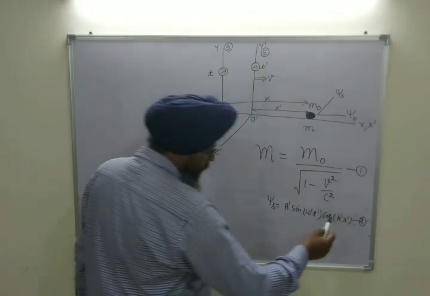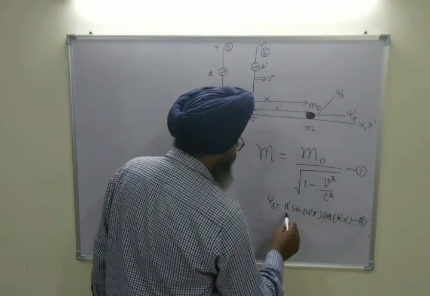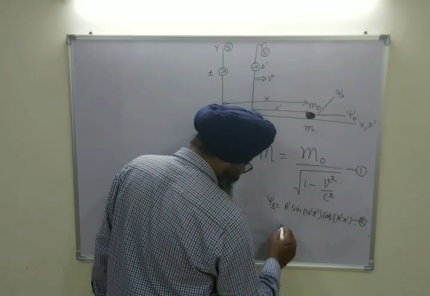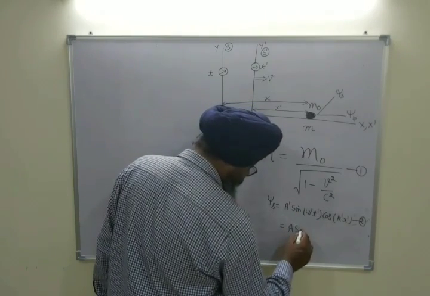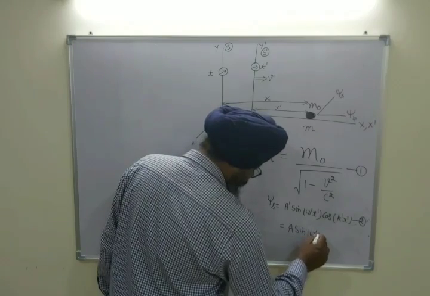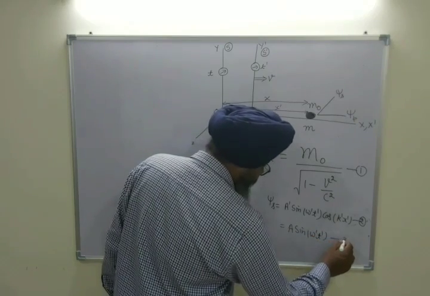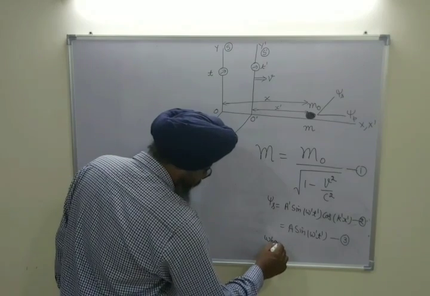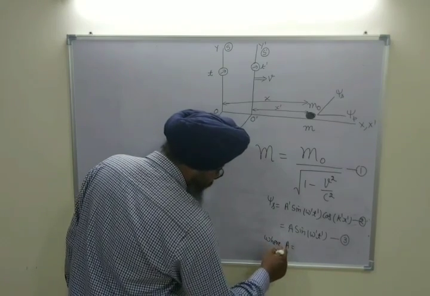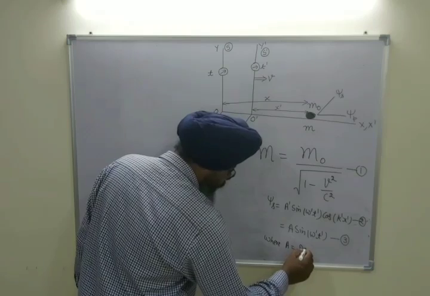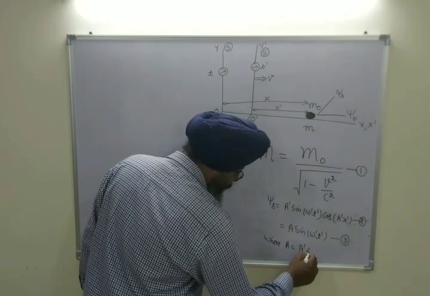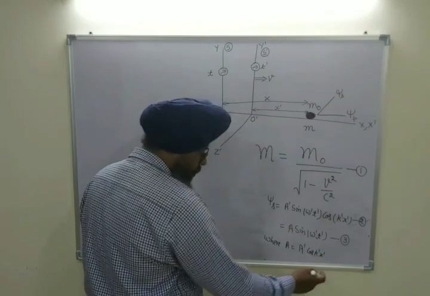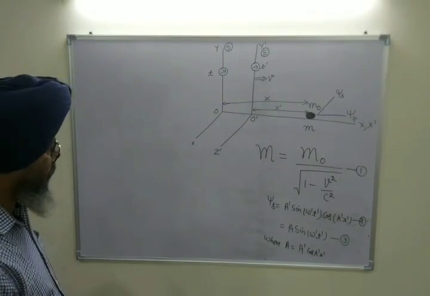Since x dash is constant, k dash is constant, A dash is also constant, I can write this equation as A sine omega dash t dash. Let us say this is equation number 3, where A, a new constant, is the product of two different constants, A dash cos of k dash x dash, because x dash is a constant quantity.